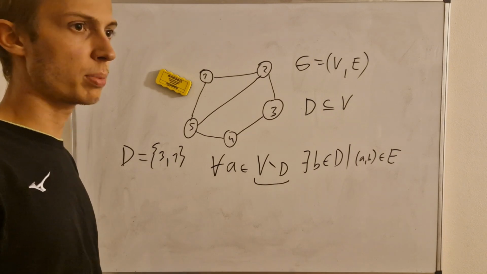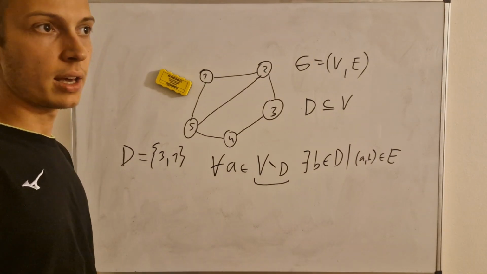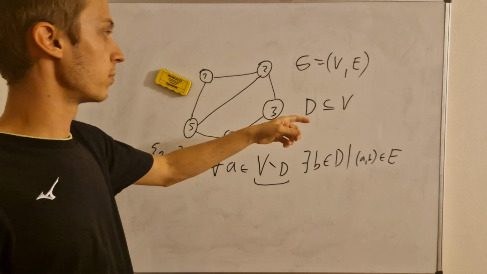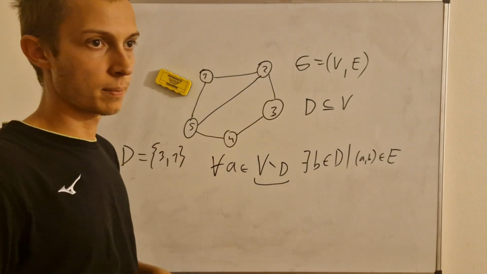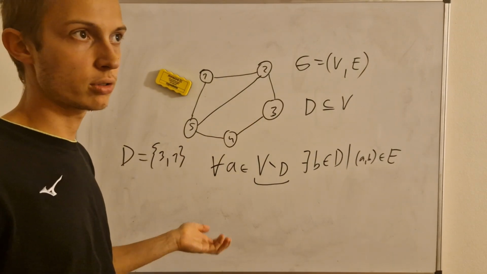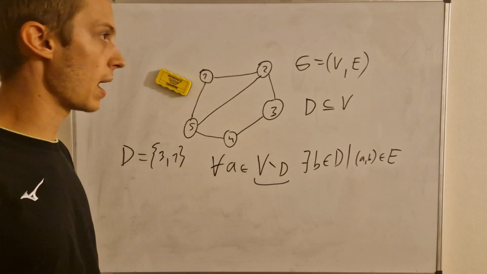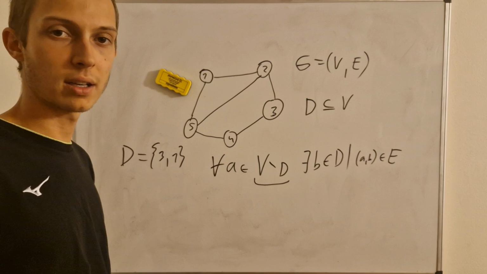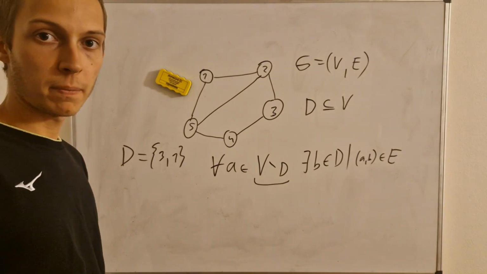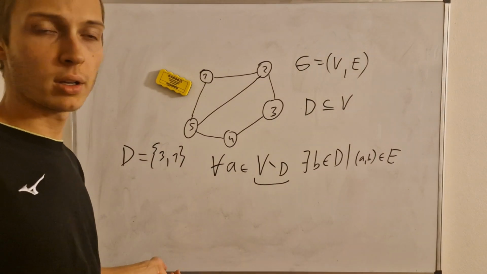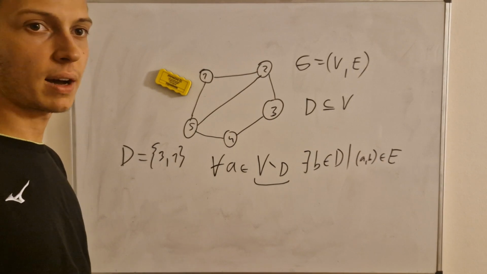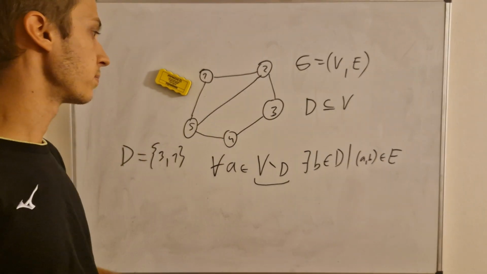So in a complete graph, any nonempty subset fulfills the needs to be a dominating set. If it's a five-vertex complete graph, then we can take 2 or 3 or 1. All 3 options would satisfy the conditions to be a dominating set.